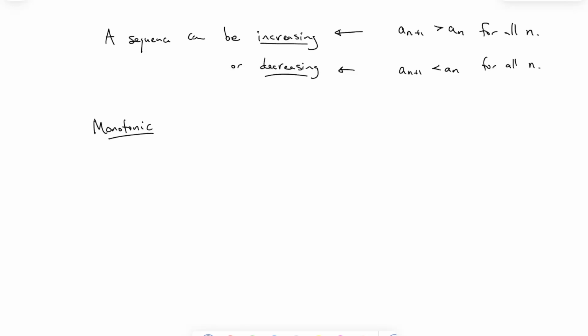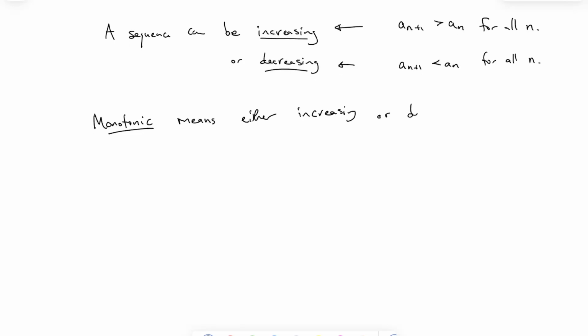Monotonic means it's just either increasing or decreasing. And of course, there are many sequences which are neither. A given sequence could be increasing, or decreasing, or something else, neither of those two things.